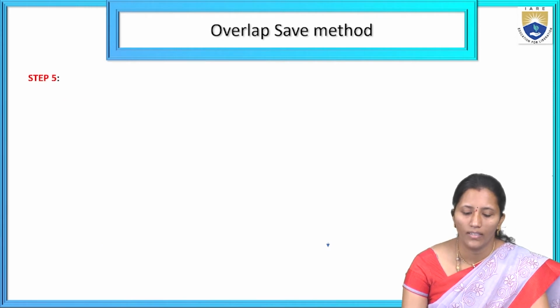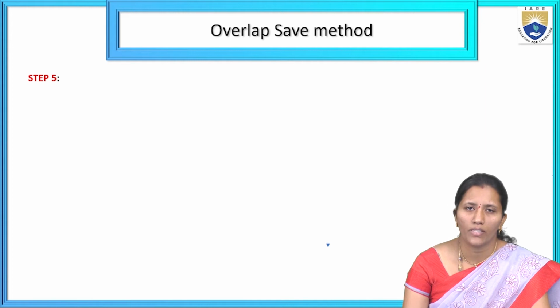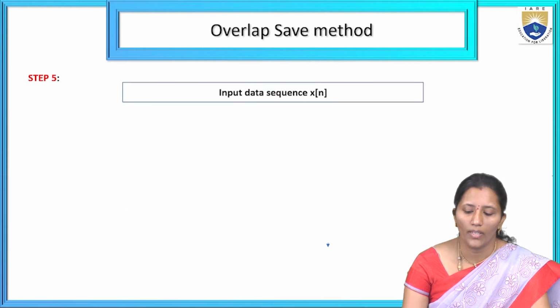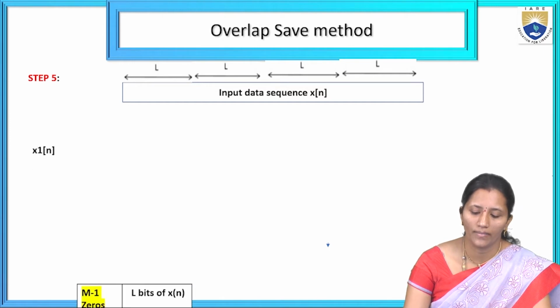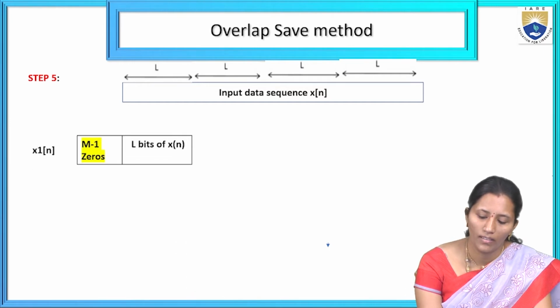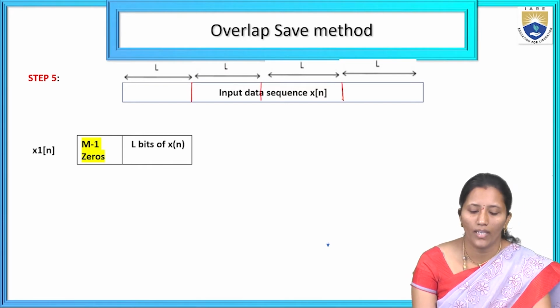So this is the procedure to segment the blocks using the overlap save method. Here we have the input x of n. First of all we have to divide it into L bits.